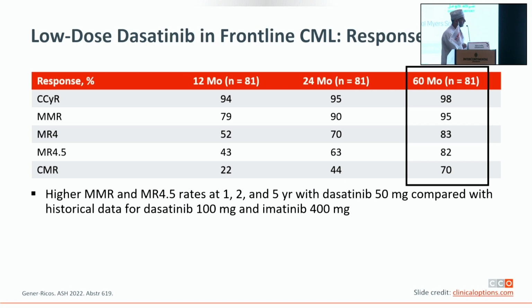The MMR, again very high, 95%. The deep responses were between 70 and 83%. The complete molecular response was 70%. Again, very good, either as a safe haven, decreasing the risk of progression, or even if you plan a TFR later on for that patient.